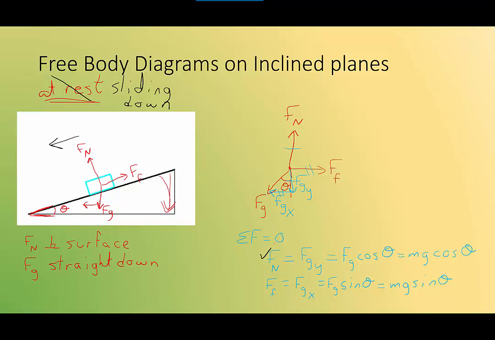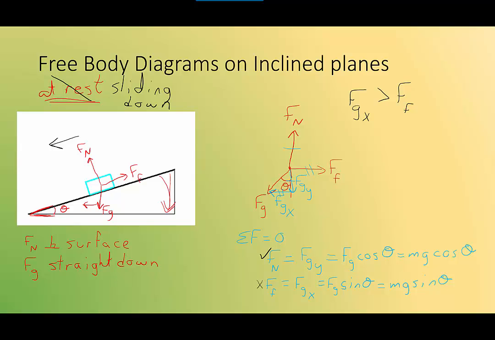However, the x forces are no longer going to be equal. All we can say at this point, without giving any more information, is that if it's sliding down the plane, then Fgx must be greater than the force of friction.